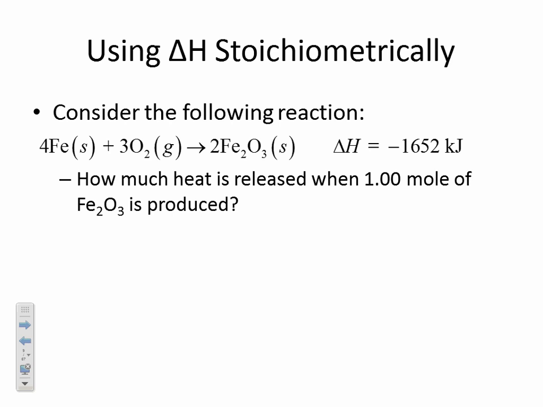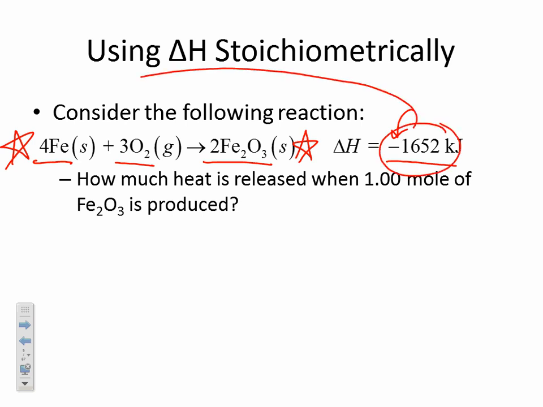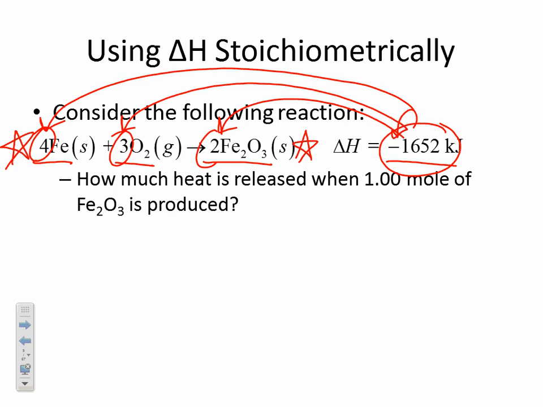It means that every time this reaction occurs once, as written, meaning 4 moles of Fe combined with 3 moles of O2 to produce 2 moles of Fe2O3, we will get 1,652 kilojoules of heat being released. I know it's being released because of the negative sign. That means that minus 1,652 is for 4 moles of Fe, for 3 moles of the O2, for making 2 moles of Fe2O3. So when the reaction happens once as written, we get that enthalpy value.